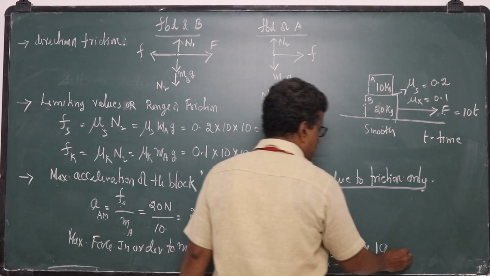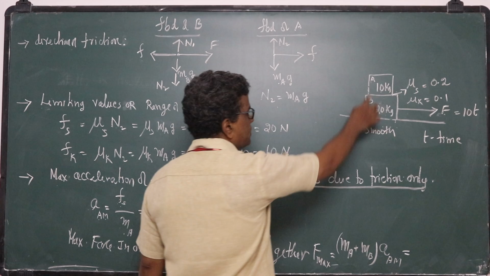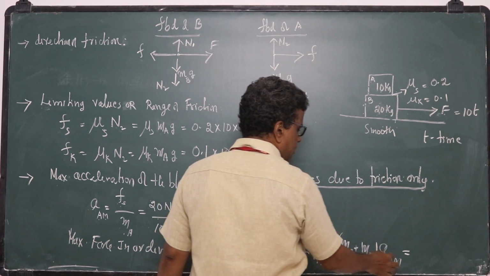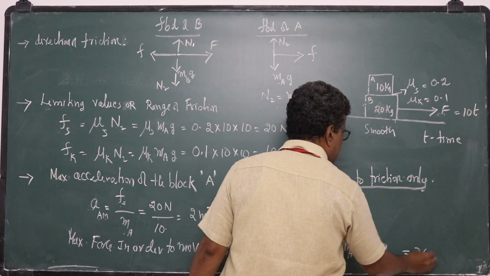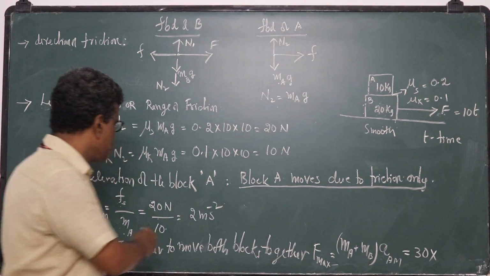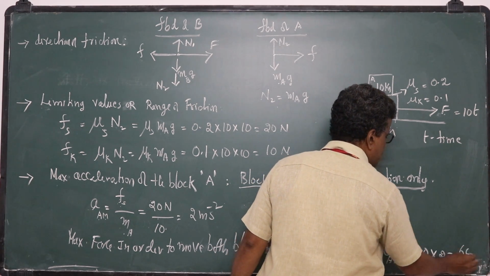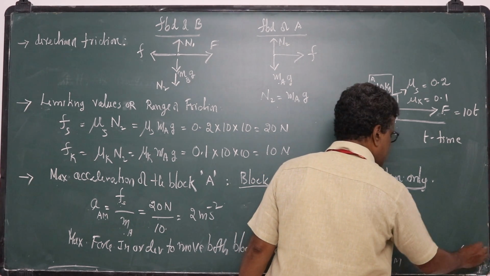Mass of A is 10, mass of B is 20, 10 plus 20, 30, into acceleration of A, 2. So that is 60 newtons.